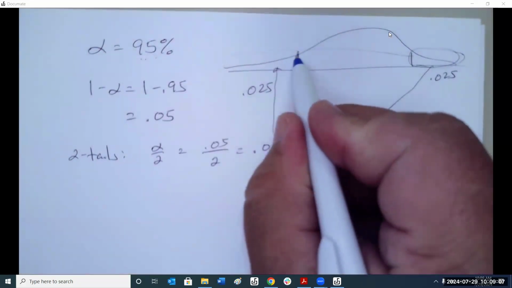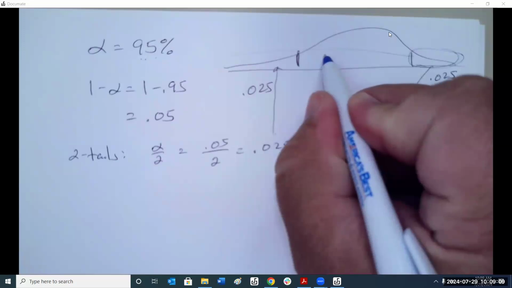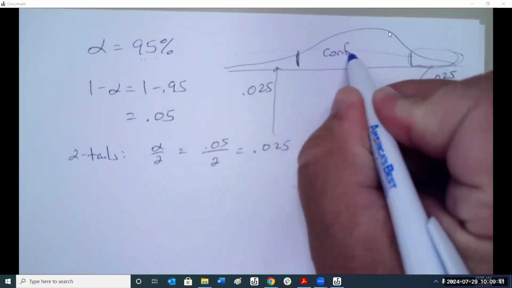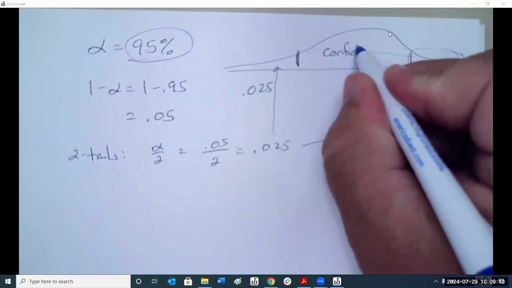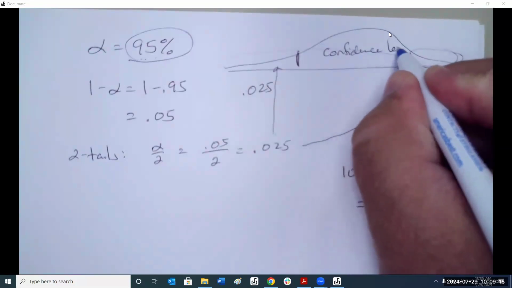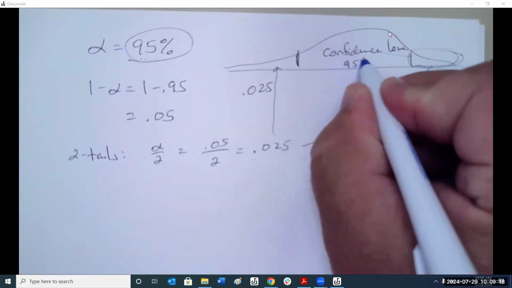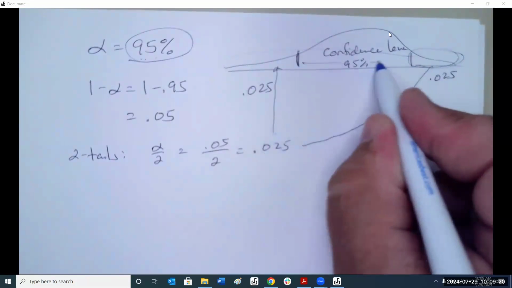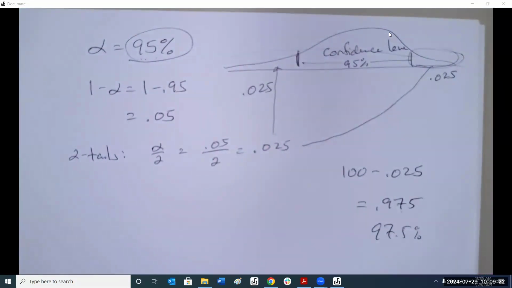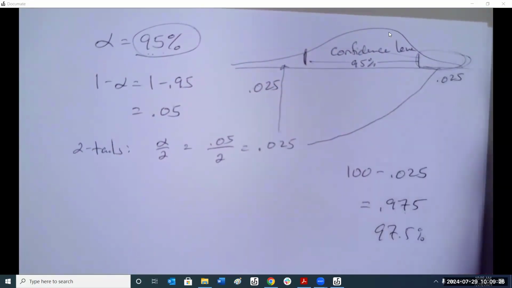So what this is saying here is our confidence level is 95% that the population will fall within there. Because remember, whenever you do an experiment, you're trying to prove what's not normal, what doesn't normally happen.